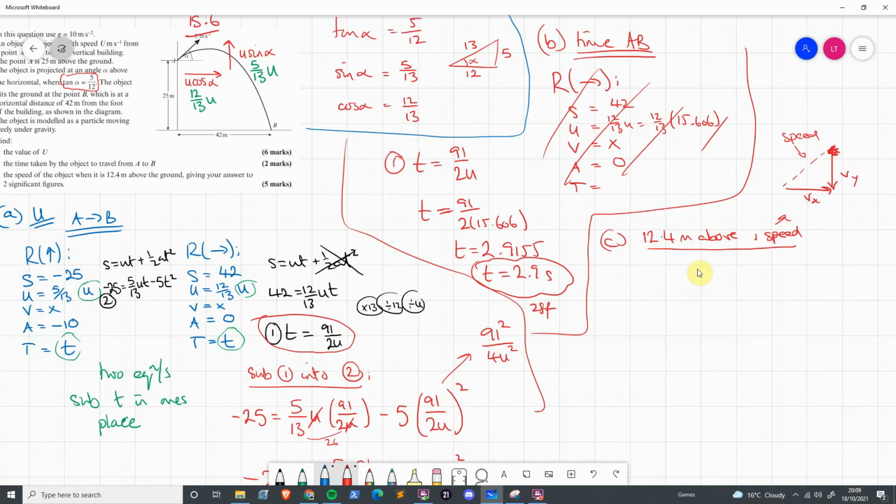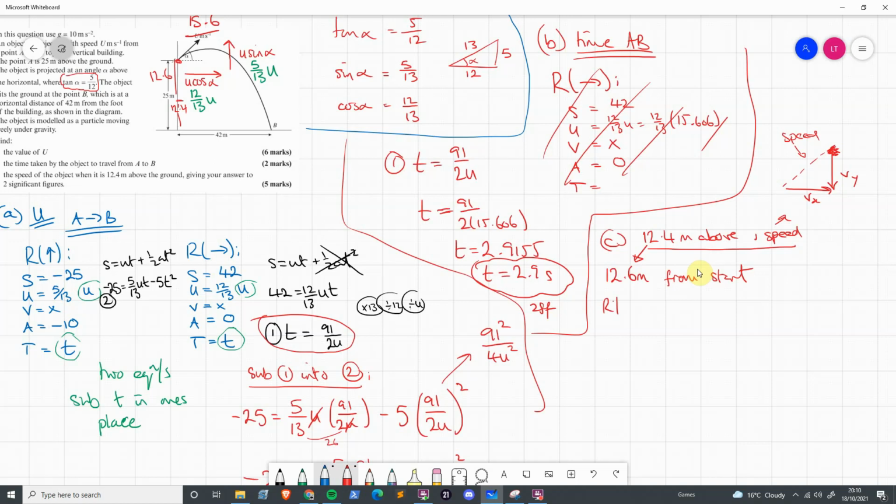But yeah, so let's find that. 12.4 meters above the ground means 12.6 meters from the start, because we're 25 meters above the ground. If we go to 12.4 meters like that up here, we are 12.6 meters below. That'll be important for our displacement.